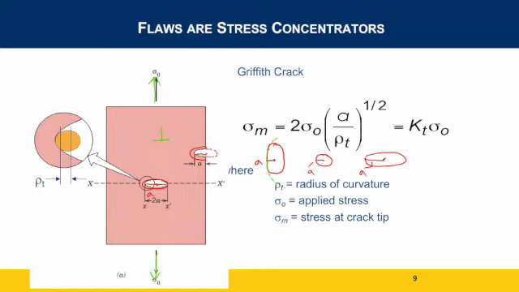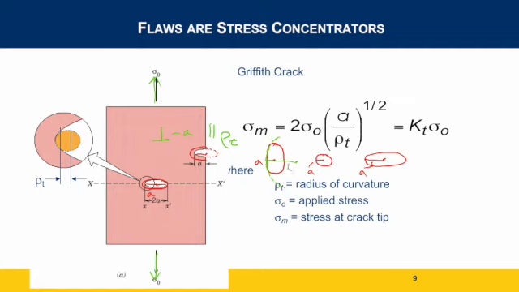So A is measured perpendicular, curvature is measured parallel, okay? So this is the curvature parallel to the force. The radius of curvature would be what would be the radius that it would take to draw a perfect circle that has the edge of this crack.